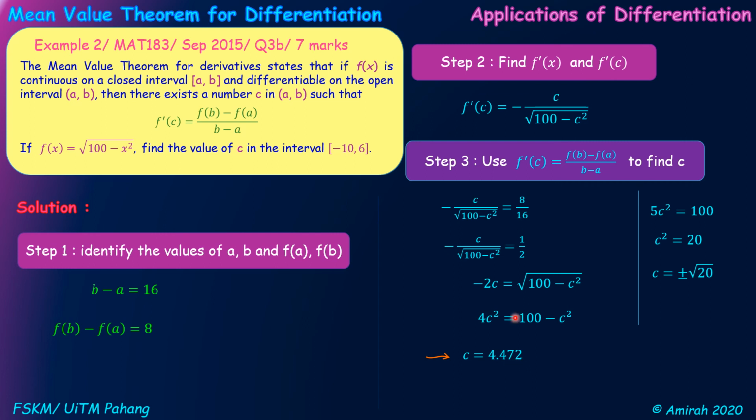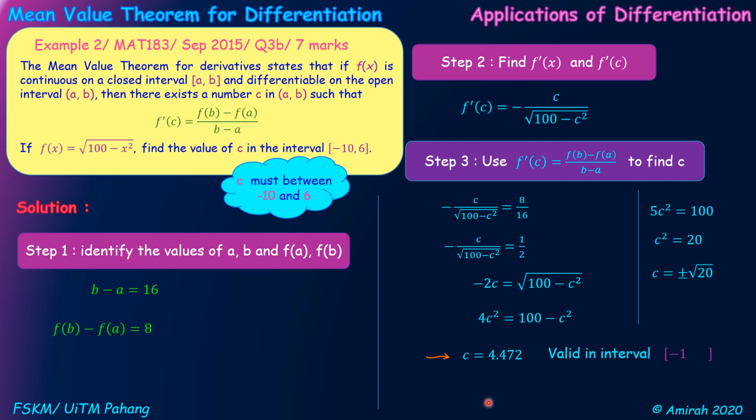Then we refer to the given interval. The value of c here is between negative 10 and 6. So we can say that c equals 4.472 is valid in the interval negative 10, 6.